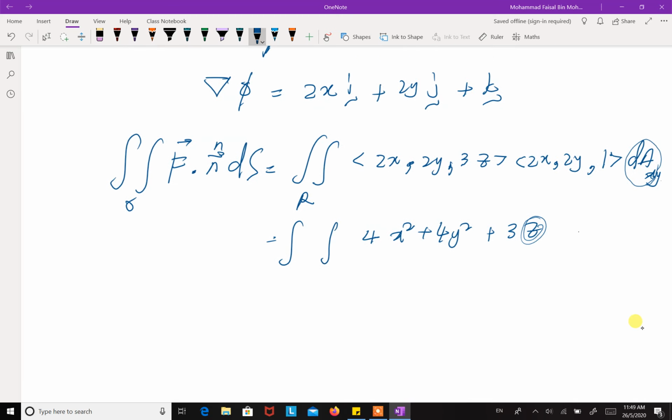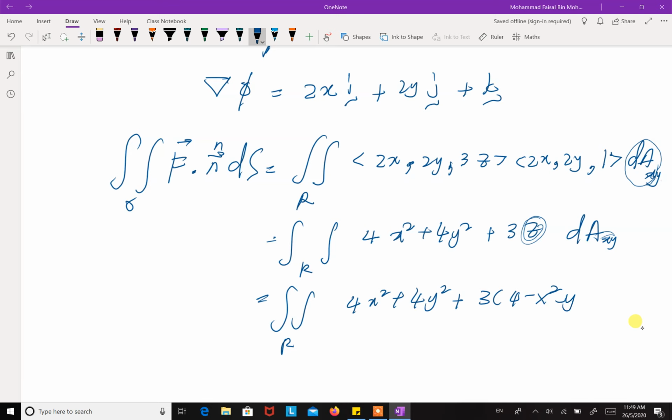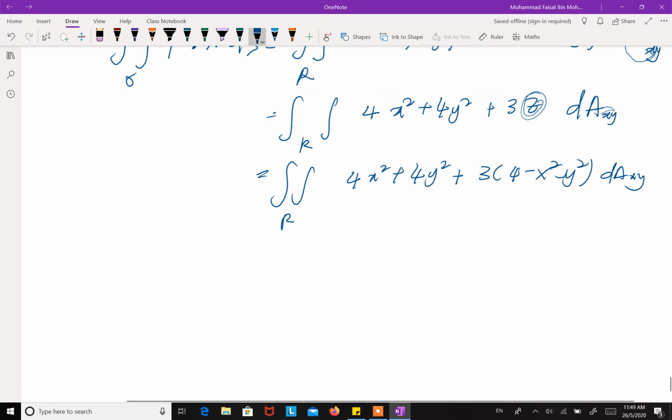So if you substitute this, just put xy for the notation. You get 4x squared plus 4y squared plus 3 times 4 minus x squared minus y squared, dA xy.